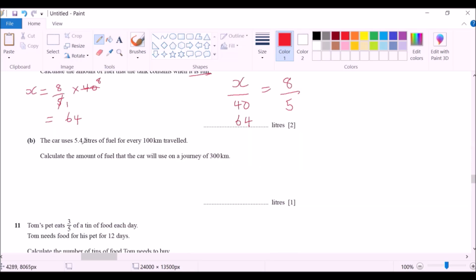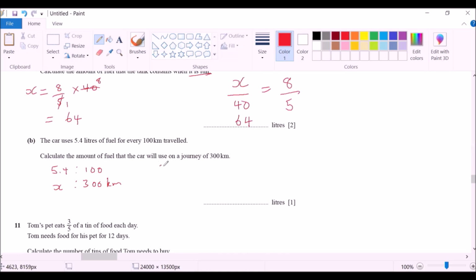The car uses 5.4 liters of fuel for every 100 kilometers traveled. Calculate the amount of fuel that the car will use in a journey of 300 kilometers. Okay, so 5.4 liters corresponds to 100 kilometers. 300 kilometers corresponds to our unknown x.